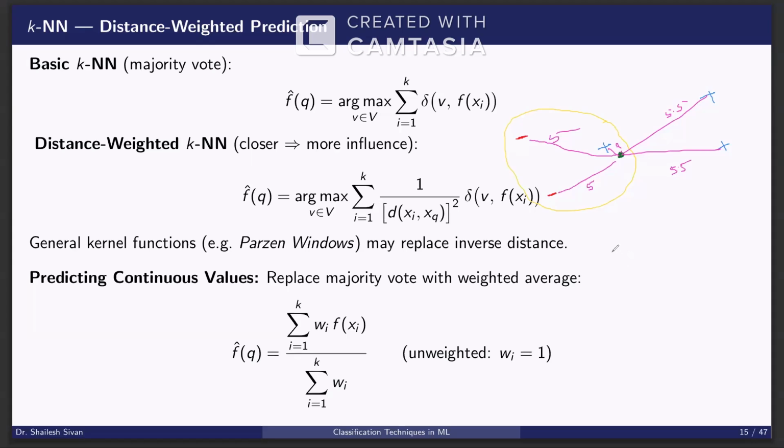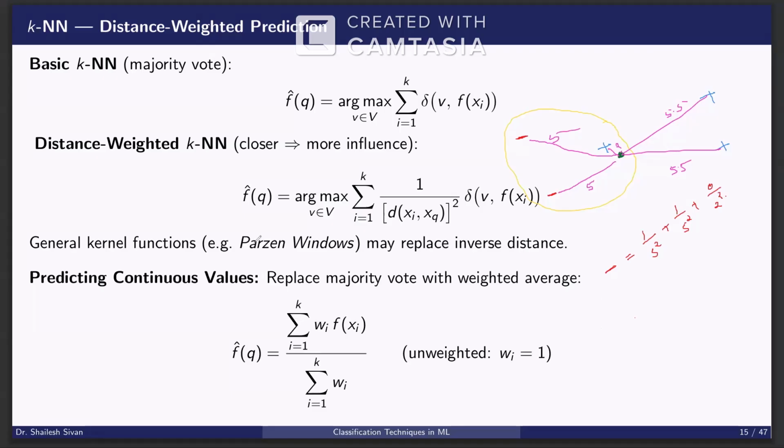For minus, the sum will be 1 by 5 square plus 1 by 5 square plus 1 by 2 square, right?